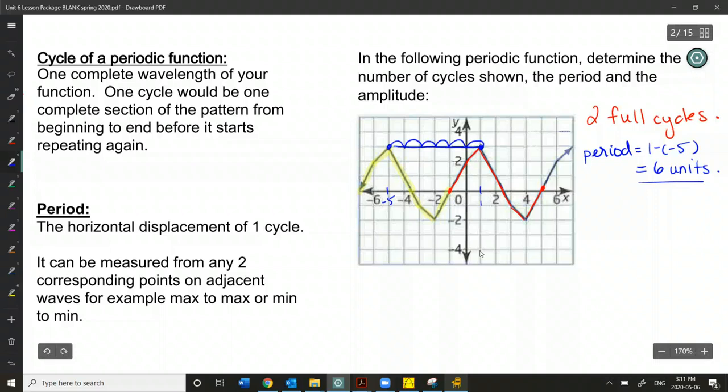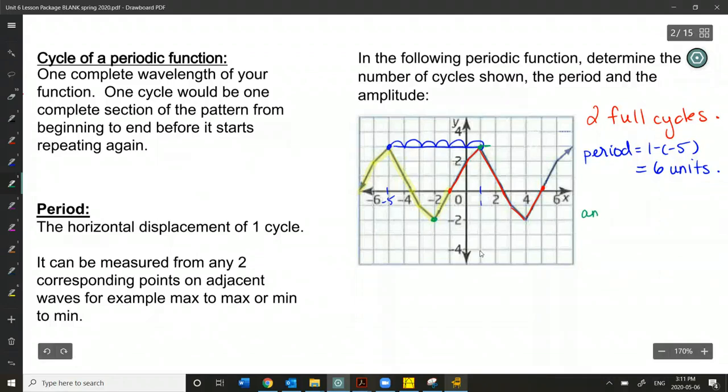Period as well as amplitude are both always positive because we're talking about displacements. Basically just a measure of number of units. So it actually can't be negative for either of those. And then for amplitude, we're looking at the y values. So the maximum here I can see is at 3 and the minimum is at negative 2.